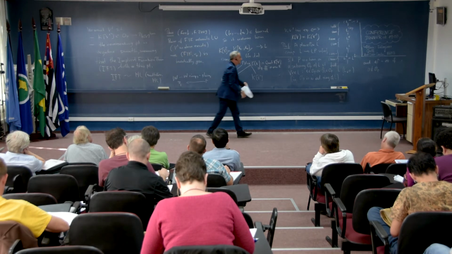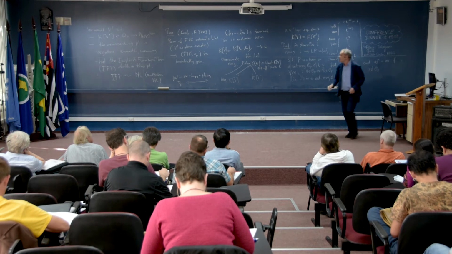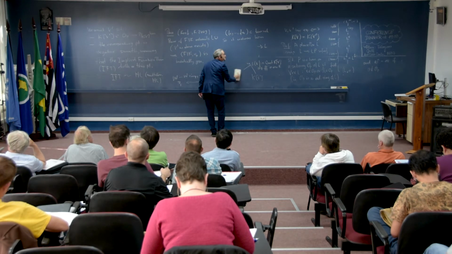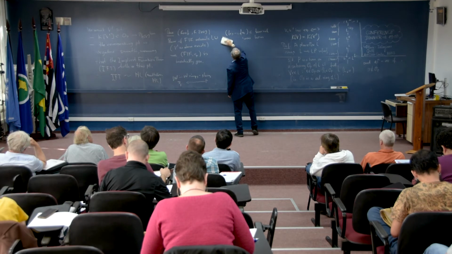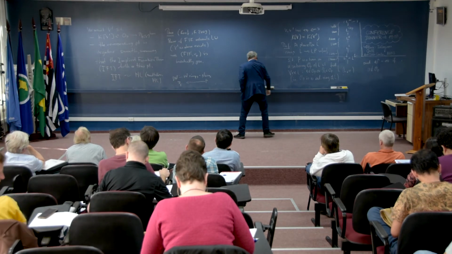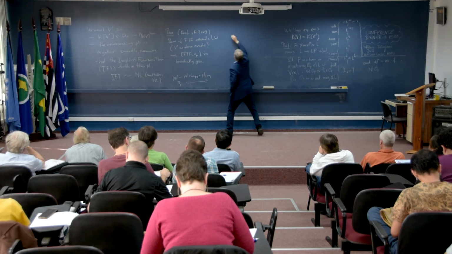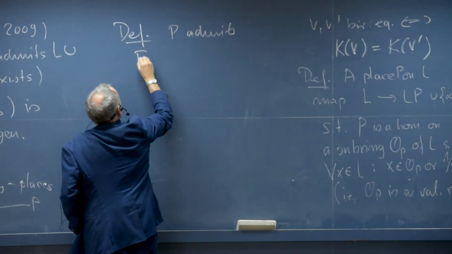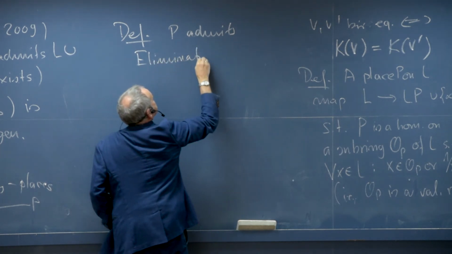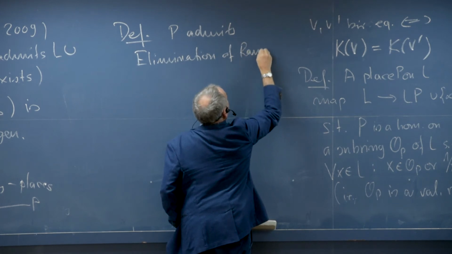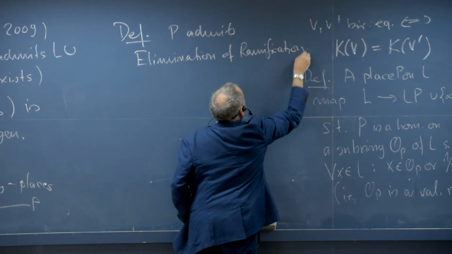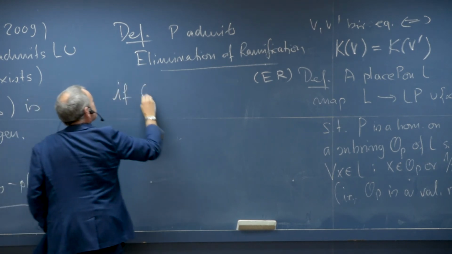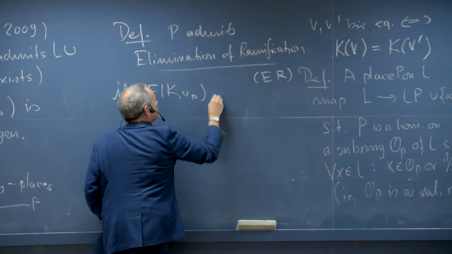Okay, and another definition: we say that the place P admits elimination of ramification, which we abbreviate by ER, if exactly that is the case, f over k with Vp is inertially generated.